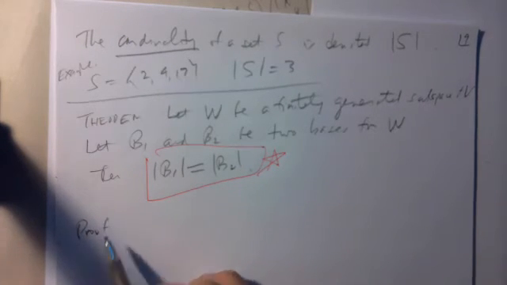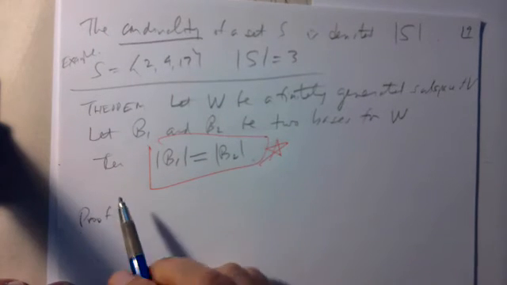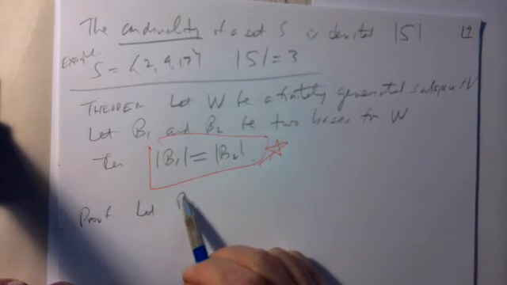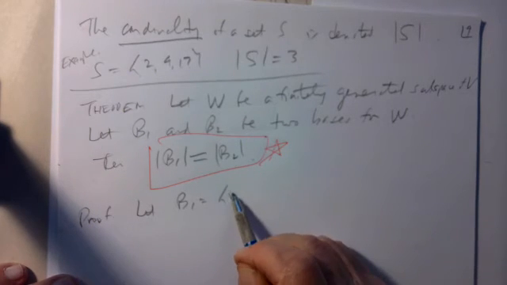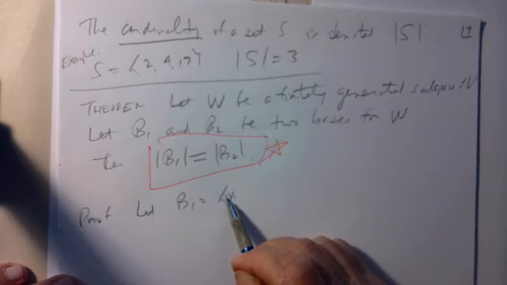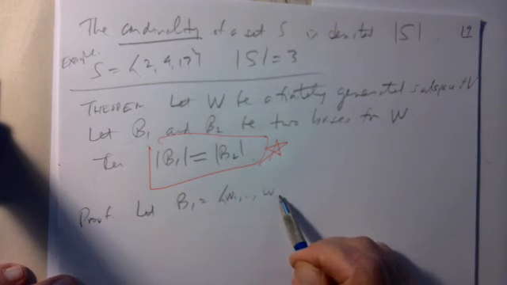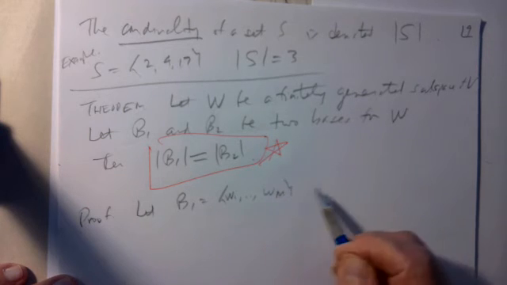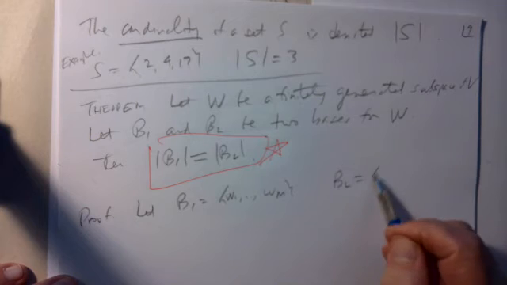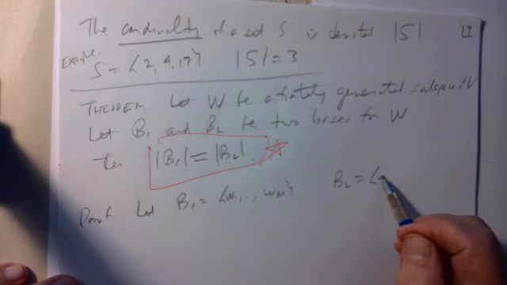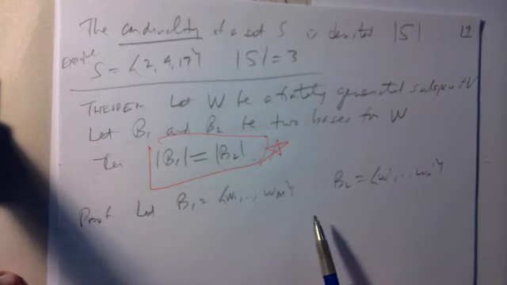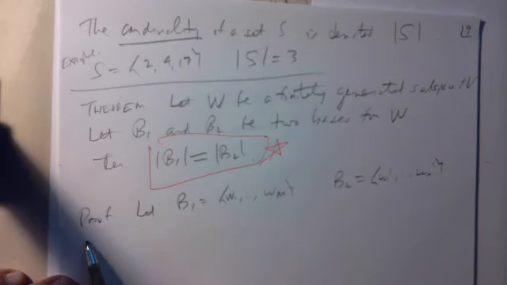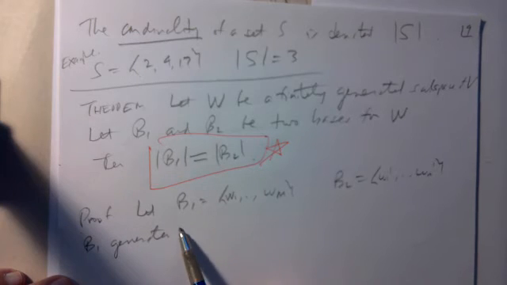And the proof is very pretty. It says the following. Suppose that B1 contains M elements and B2 contains N elements. So B1 generates the subspace.